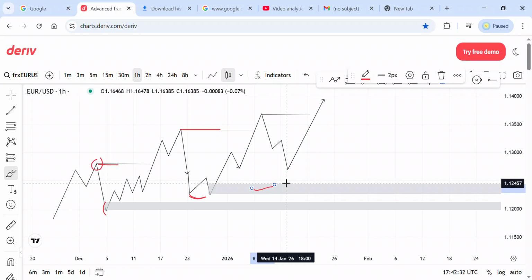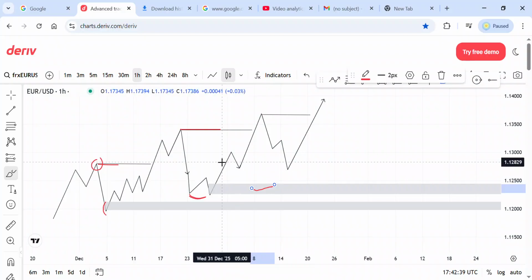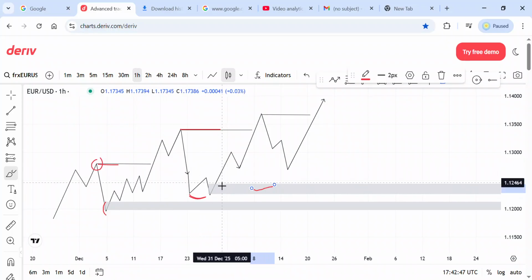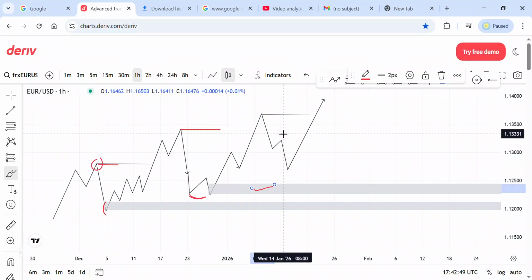That's the reason why you are seeing the market ignoring your order block here. That's how smart money and ICT traders trade. As you can see now, the market didn't come back to this order block, then flew.